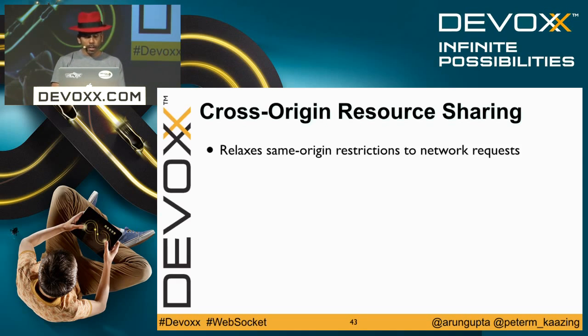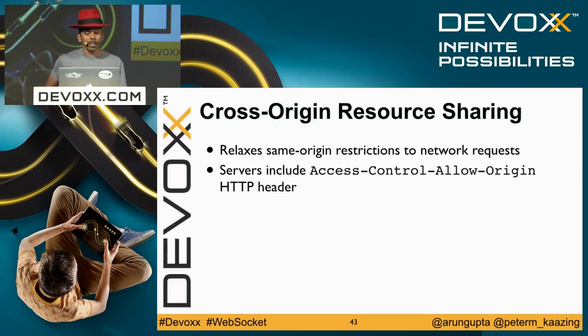But before that, there is also support for CORS in here. Basically, what is CORS? Well, CORS is a standard specification as of January of this year, I think. It relaxes same origin restrictions to network requests.